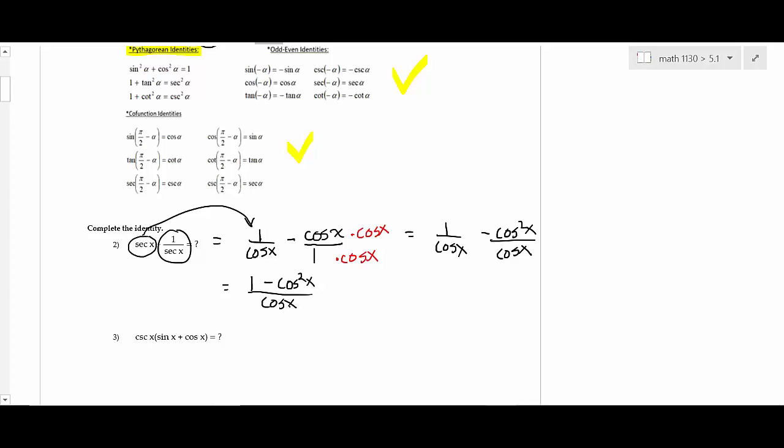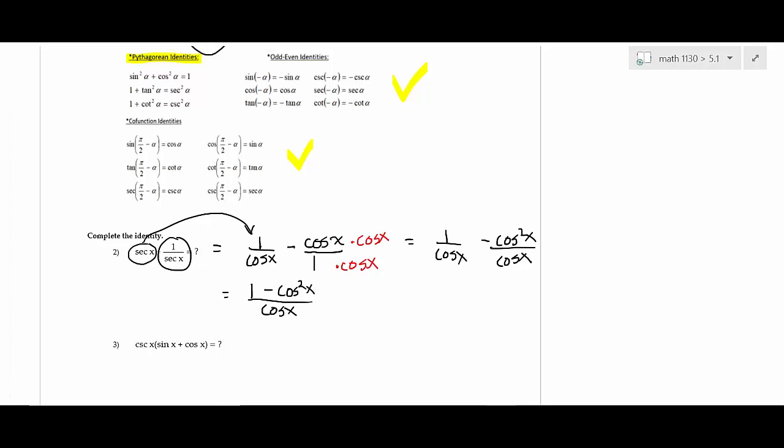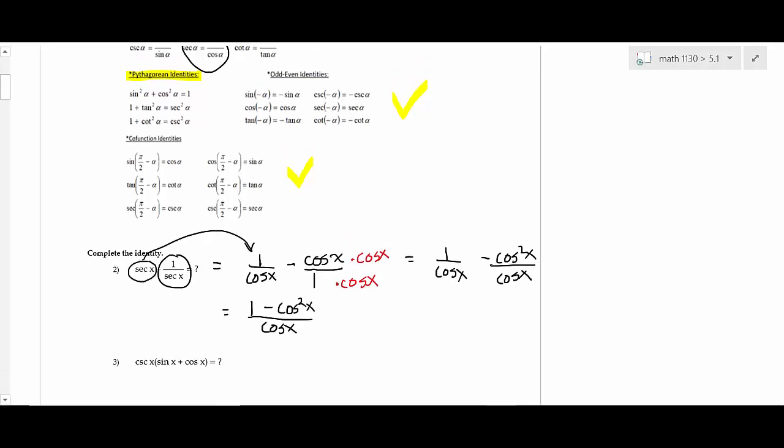Now, I'm not done. We want to take this as far as we possibly can. If I want you to simplify, I want this to be down to as few symbols as possible. There's one other thing we could do, and that has to do with this identity right here. That's the Pythagorean identity. So at the side, I'm just going to write down sine squared x plus cosine squared x is equal to 1. Notice in this problem, we got 1 minus cosine squared x.